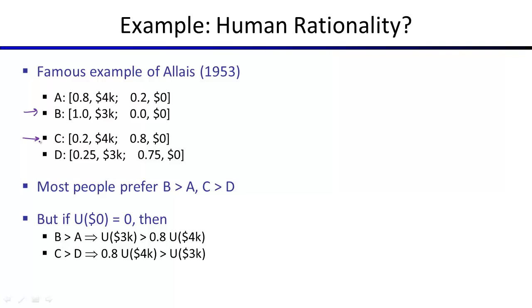Okay, here's the thing, though. You can say this is an issue of human rationality, or you can say it's an issue of not correctly modeling the choice. You could say one of these outcomes is different from all the rest. Look up at A and B. This outcome here, the 20% chance of getting $0. You actually get something else when you have this outcome other than getting $0.